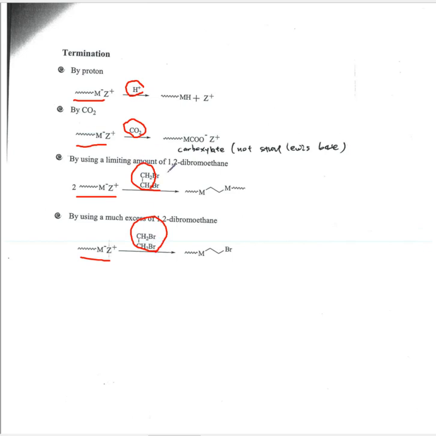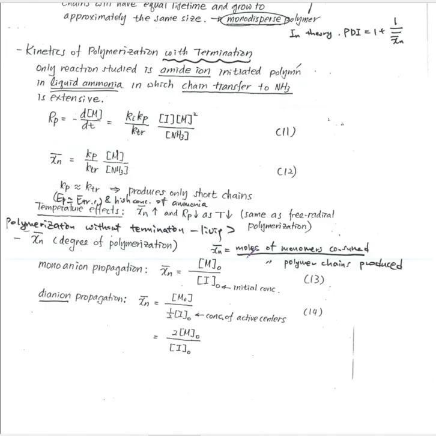Anyhow, we need to purposely add some chemical species to stop the anionic polymerization. Without them, it does not stop. It's living polymerization.